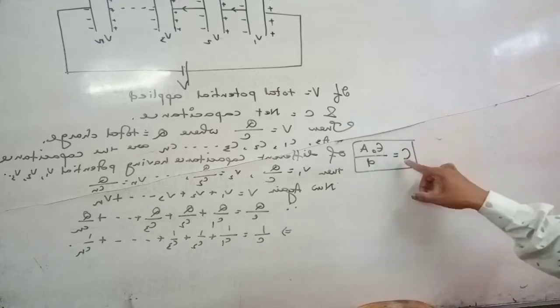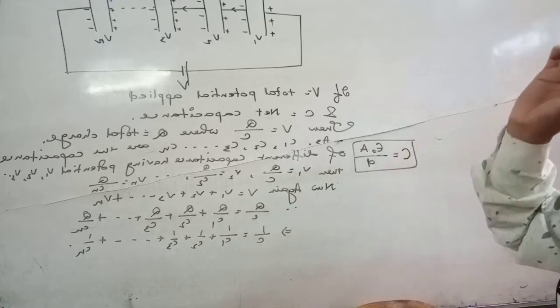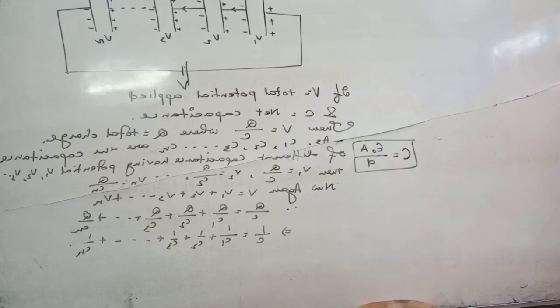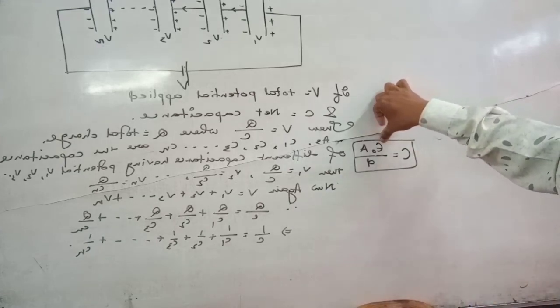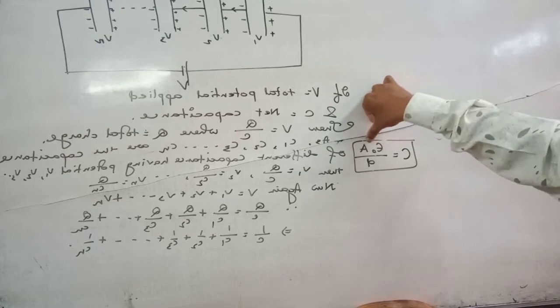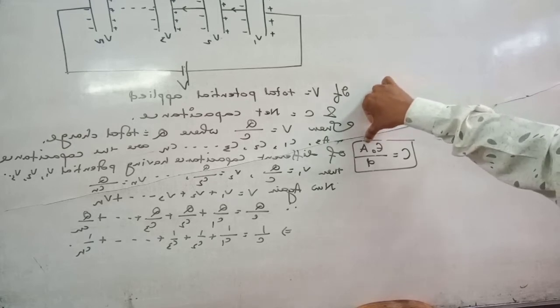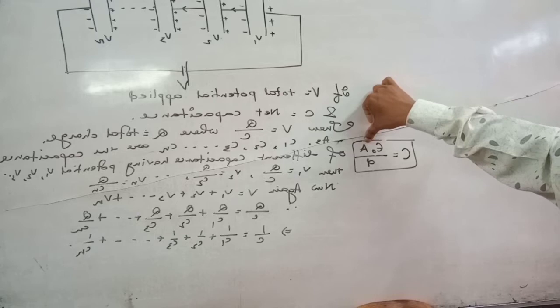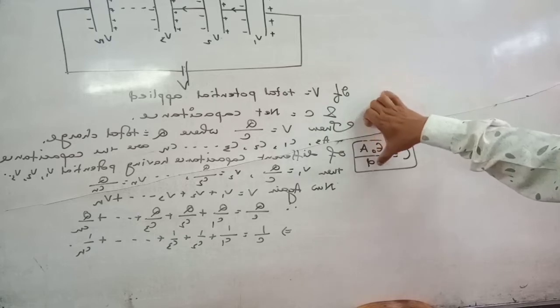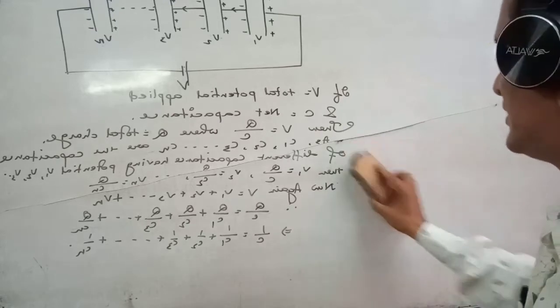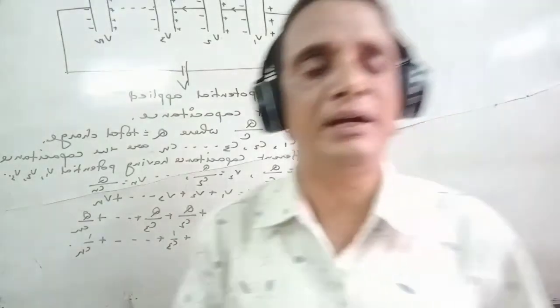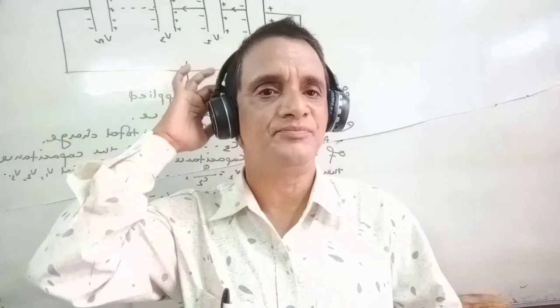Again I am repeating, the capacitance of a parallel plate capacitor depends upon the permittivity of the medium, then the common area between the plates of the capacitor, and the distance between the plates of the capacitor. Is it clear?